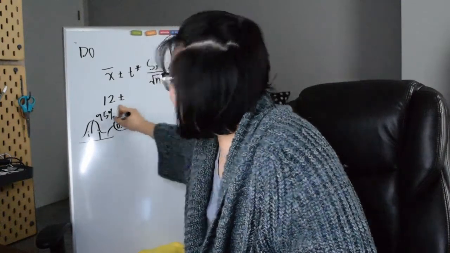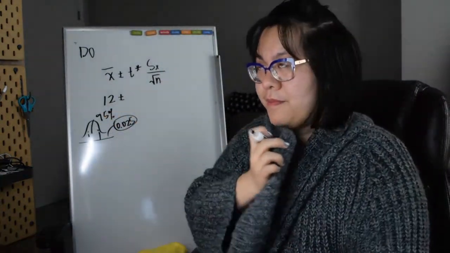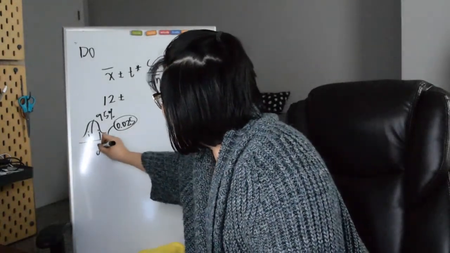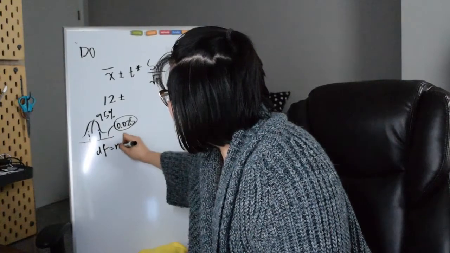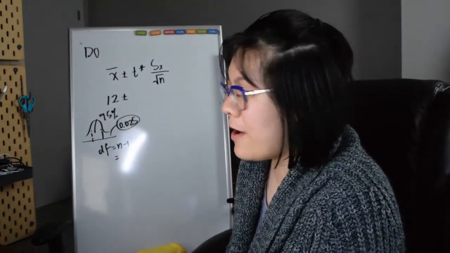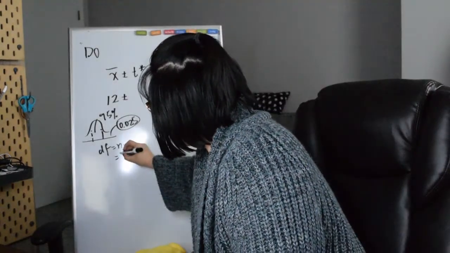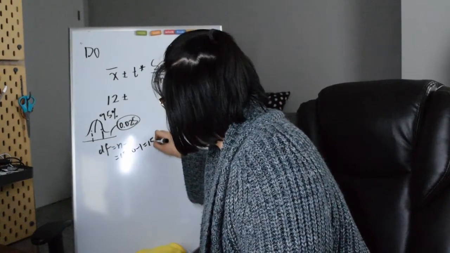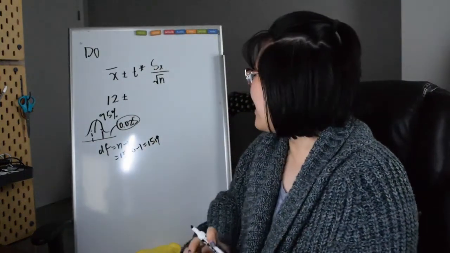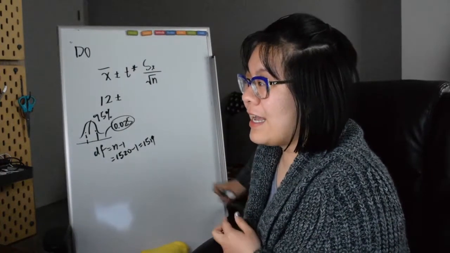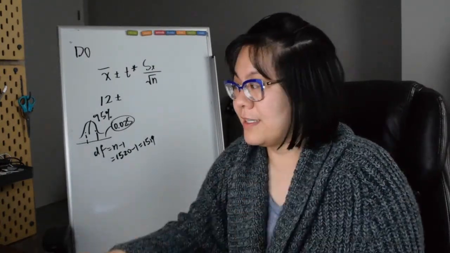So this is our probability, and we're gonna find our degree of freedom, which is n-1. Our sample size, according to the question, is 1520. Minus 1 is 1519. So we're just gonna find 1519 and 0.025 on the table.